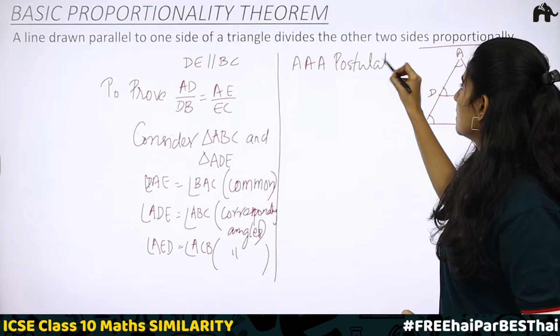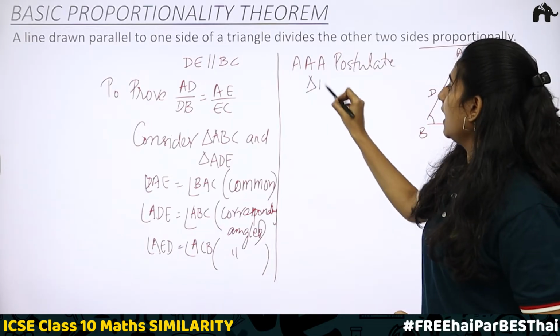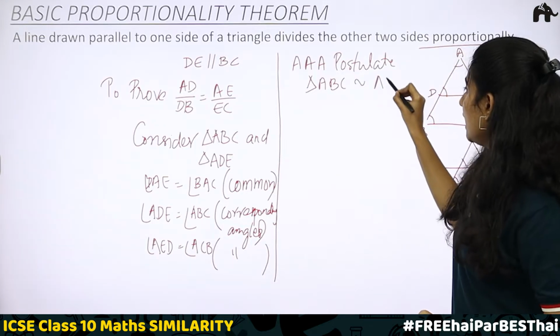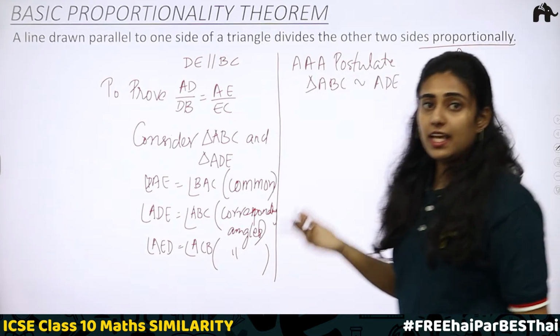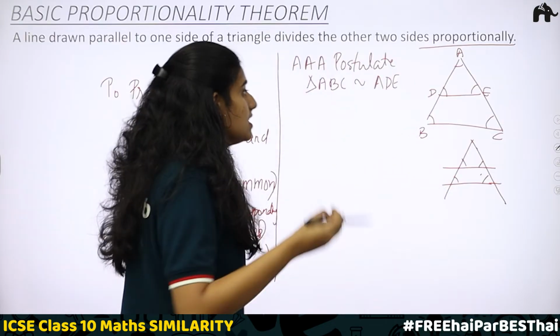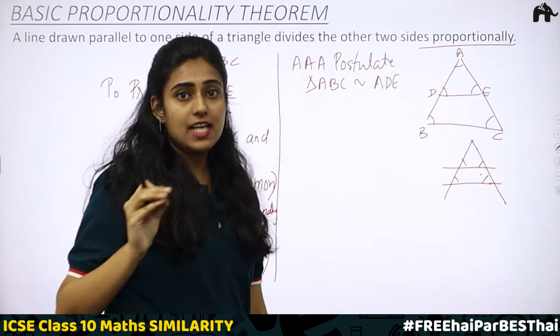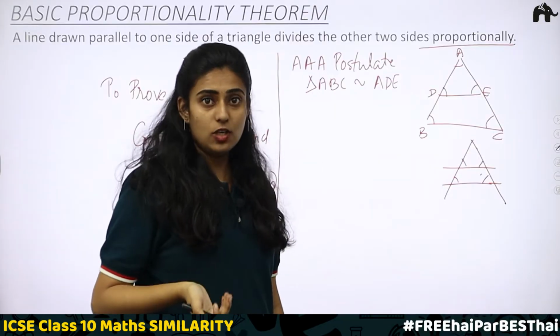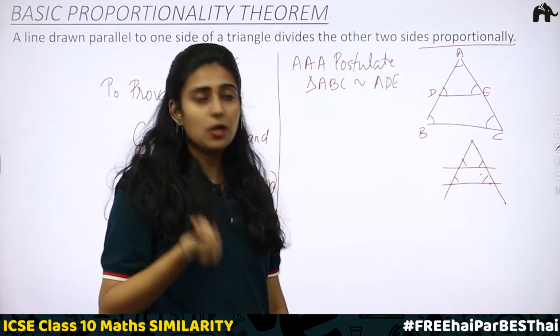We get triangle ABC similar to triangle ADE. Now we'll take the corresponding sides. We know that if two triangles are similar, then the ratio of their corresponding sides are equal, or the corresponding sides are proportional.